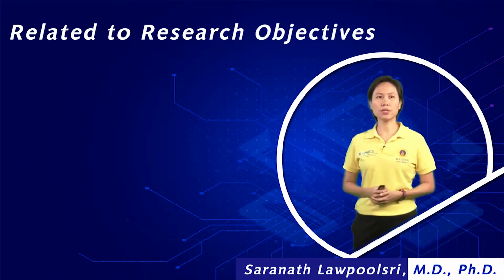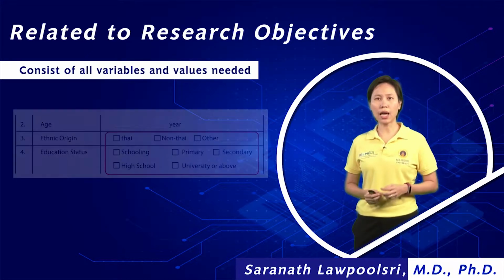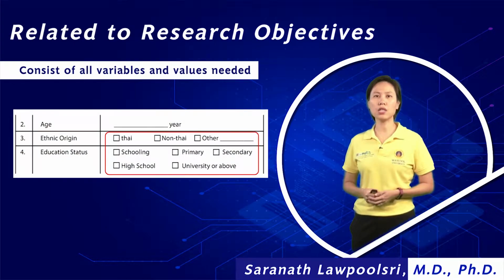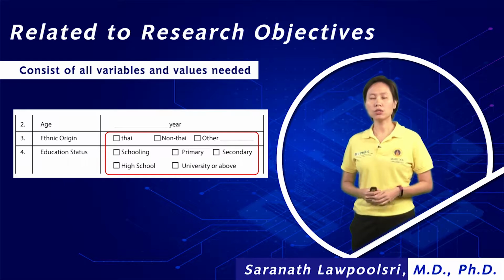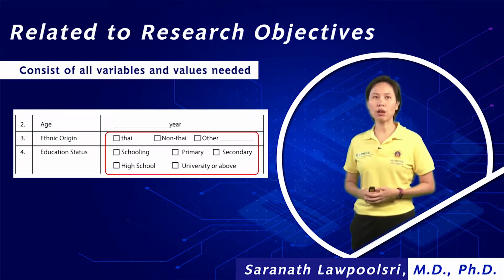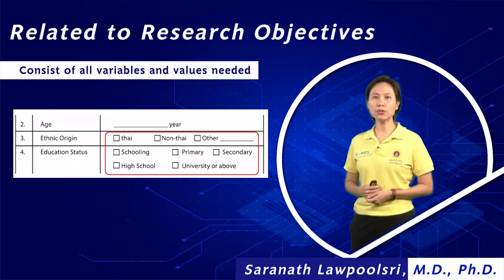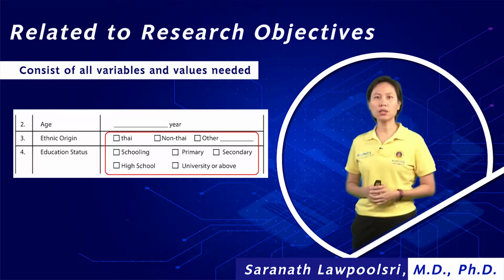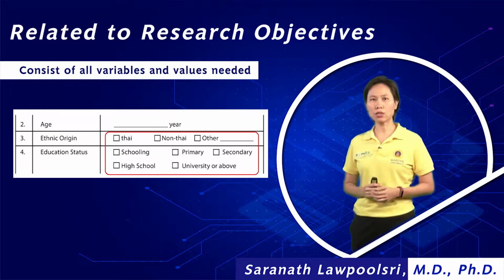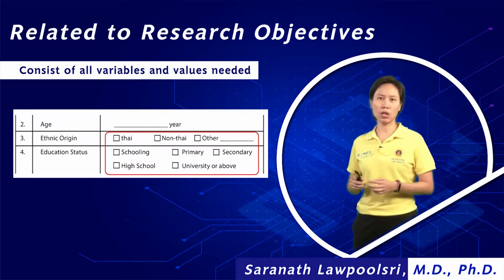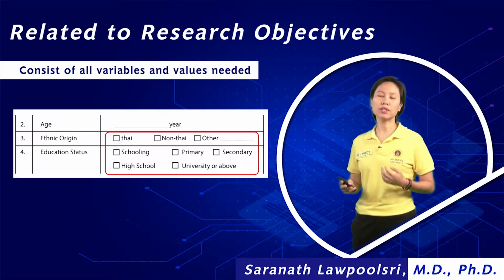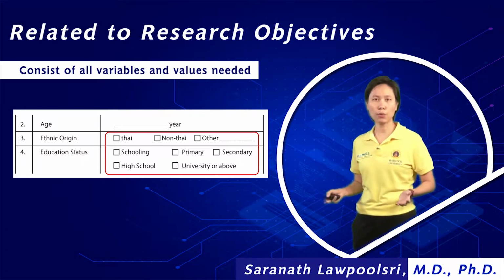This is an example of how the CRF must be related to research objectives. The CRF must consist of all the variables and values needed to answer your objectives. For example, for ethnic origin, we have Thai and non-Thai. If the objective of the study is just interested in Thai and non-Thai, that will be fine.